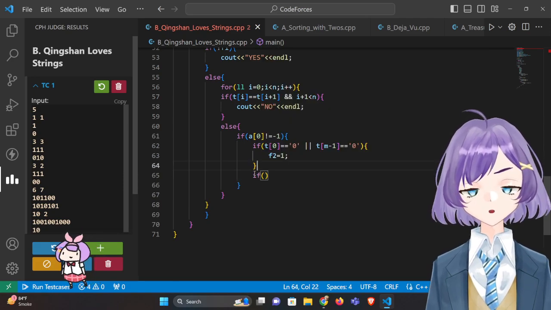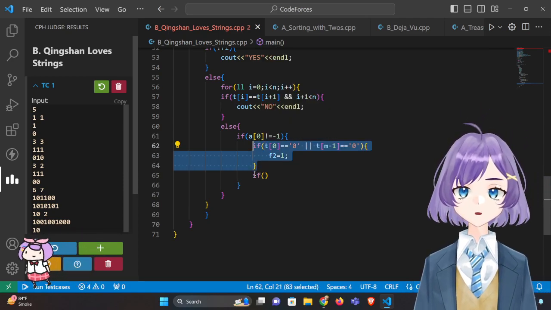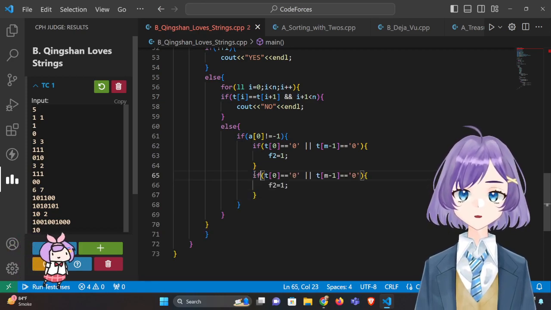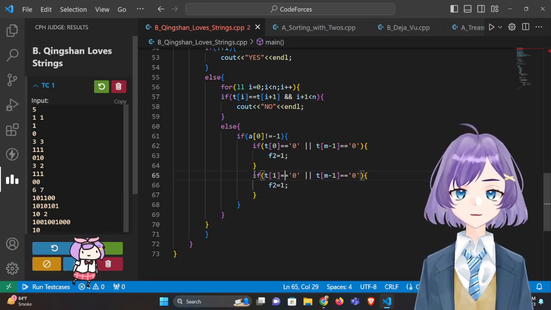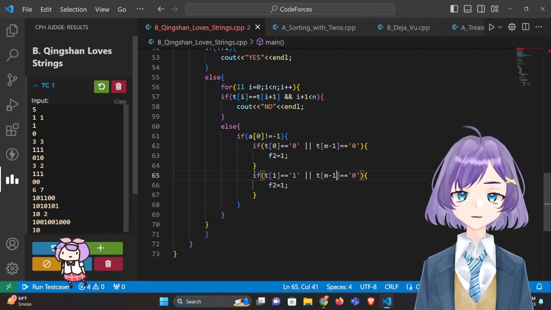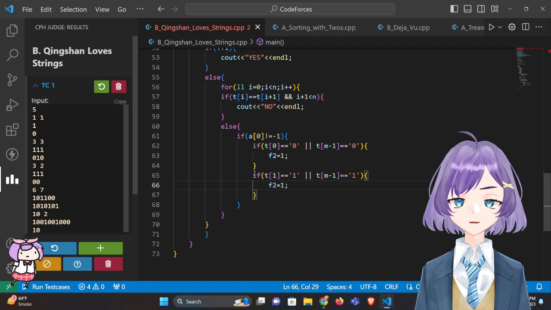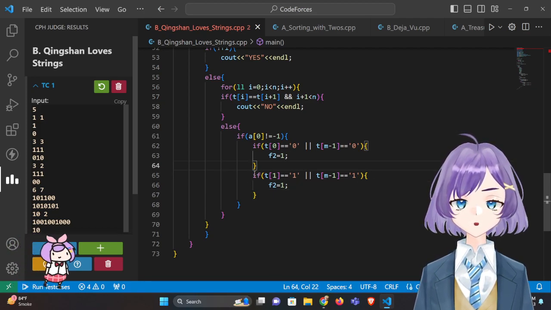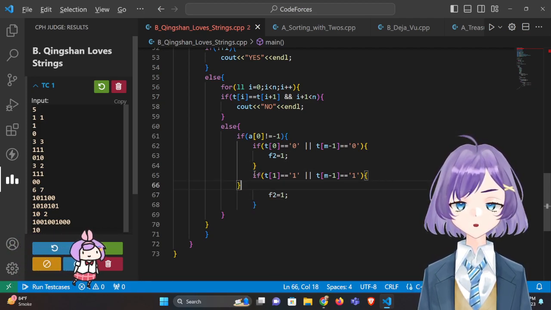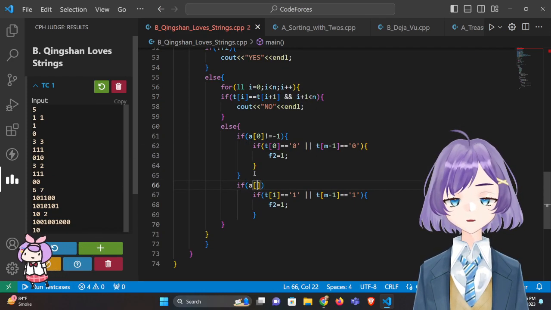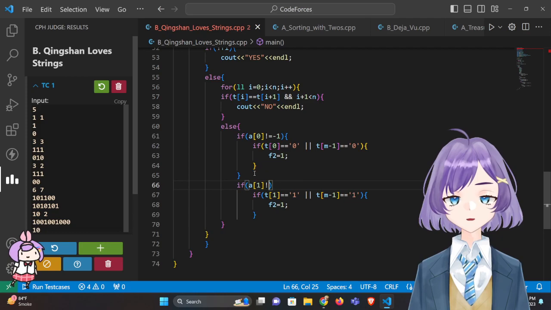If the same thing for t of 1. But yeah, with the if a of 1 is not equal to minus 1.